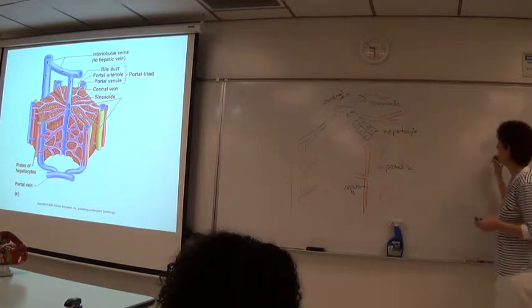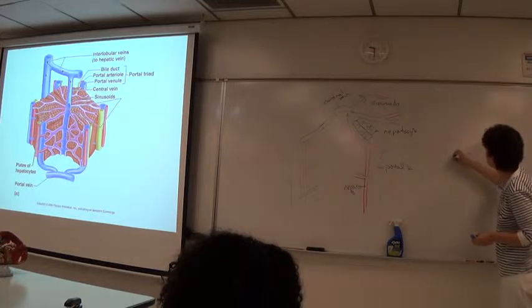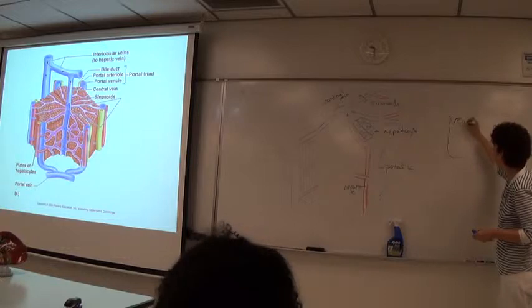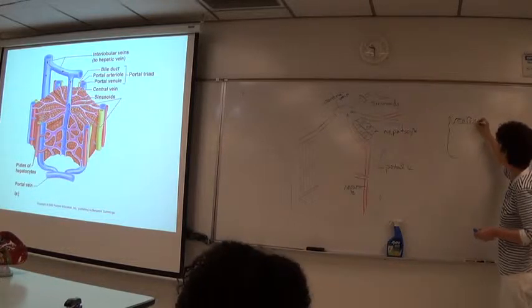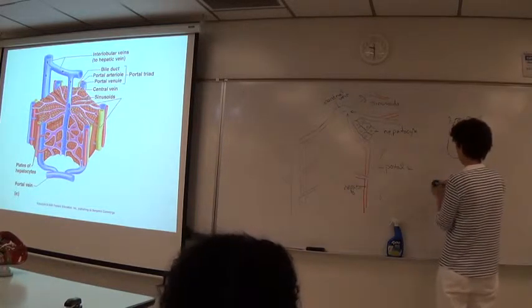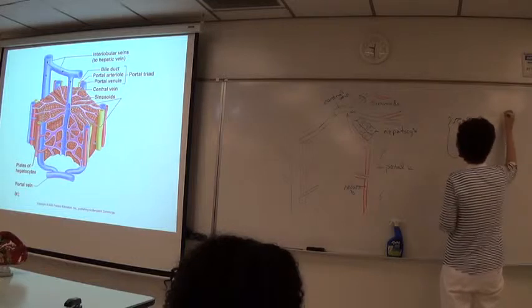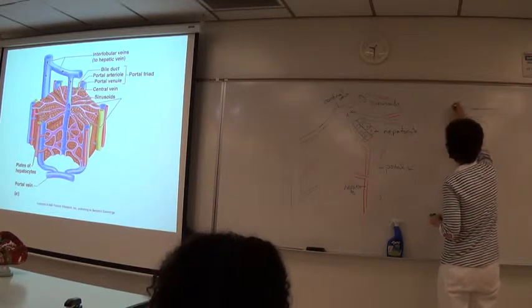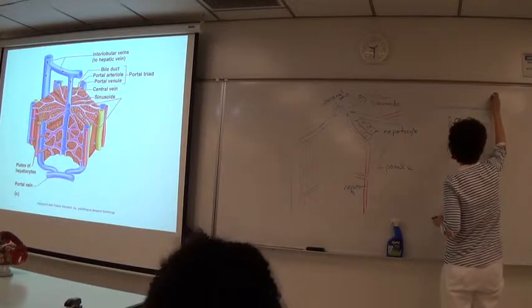Now if I draw that a little bit larger, these cells don't really have microvilli, but they have what are called microrugae. They're like folds that increase their surface area. So that would be the hepatocyte. And then they face towards the sinusoid, which has a simple squamous epithelium.